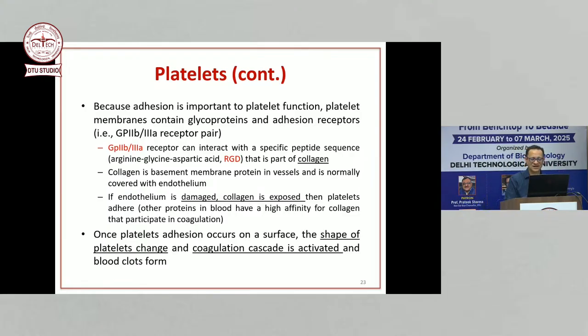Once platelet adhesion occurs on the surface, the shape of platelets changes and the coagulation cascade is activated and blood clots start forming. We will talk about the coagulation cascade in the next few slides, but platelet shape change is the activation of platelets.